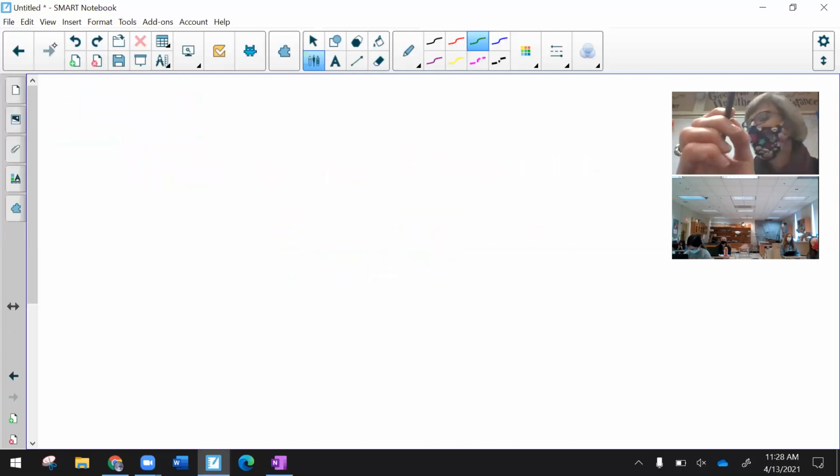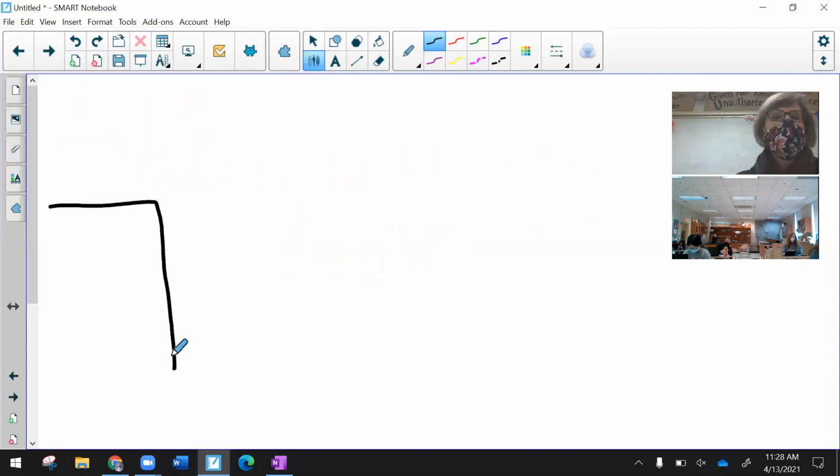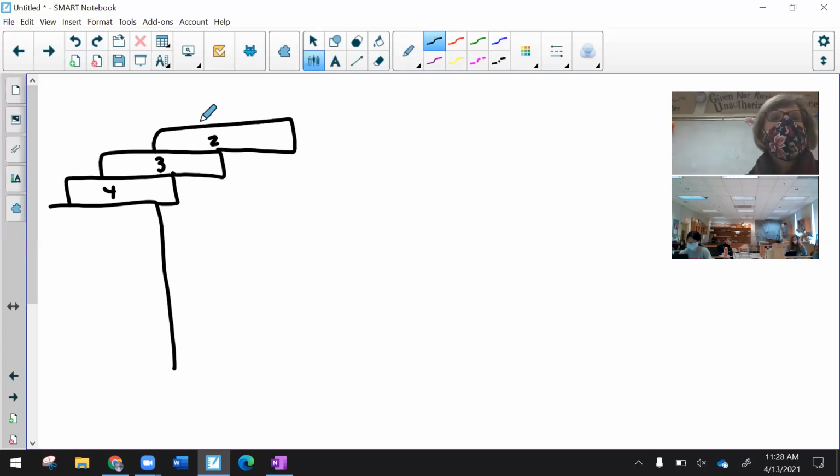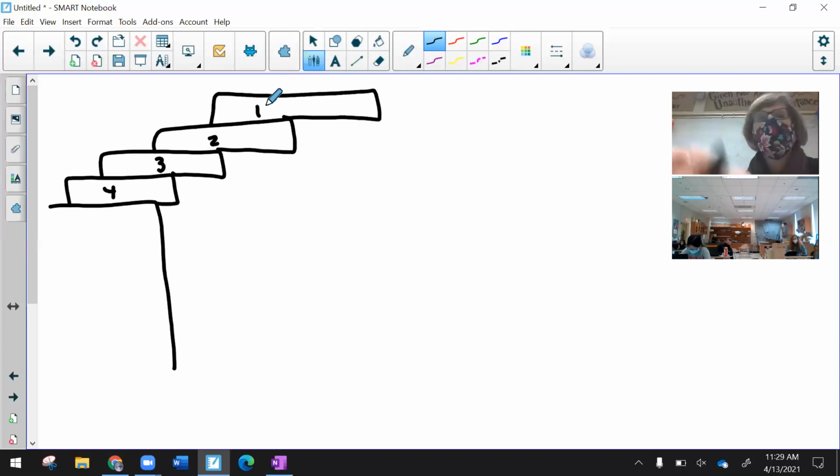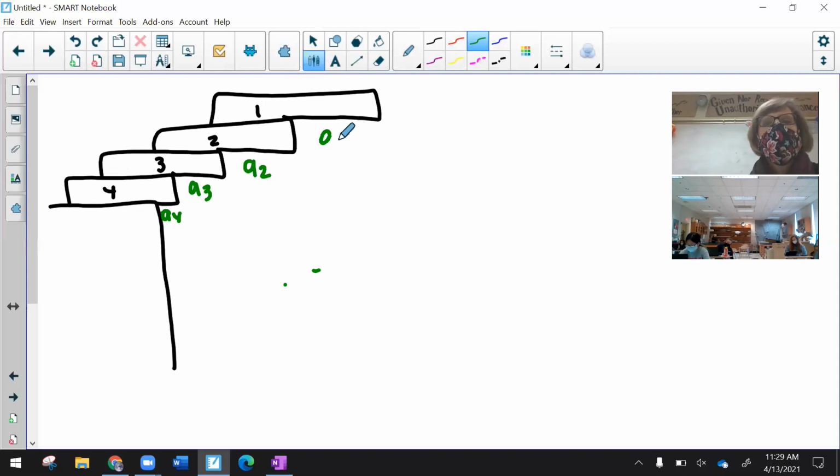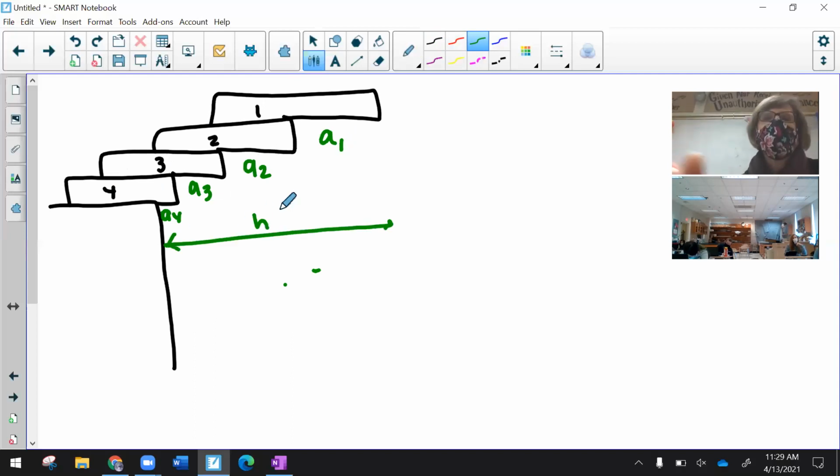So you have the picture, but I'm just going to draw it real quick so I can point at stuff. So here's brick 4, brick 3, brick 2, brick 1, and then these are A4, A3, A2, and A1, and H is adding all of those together.